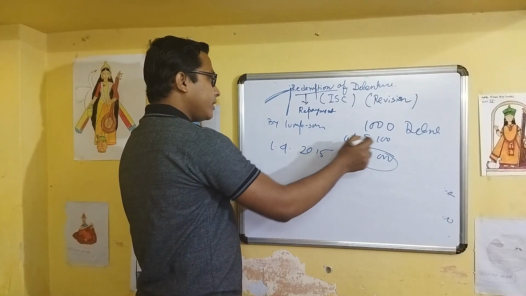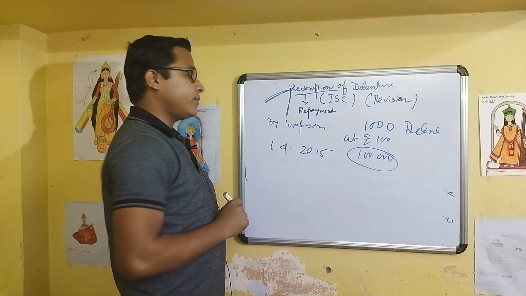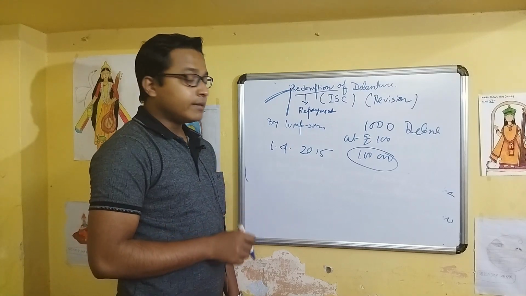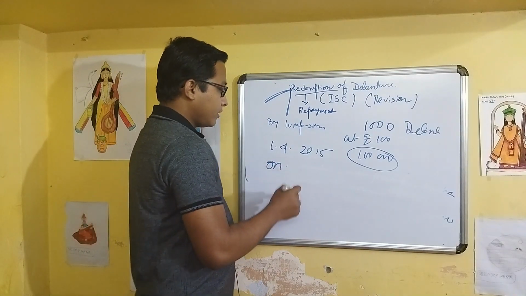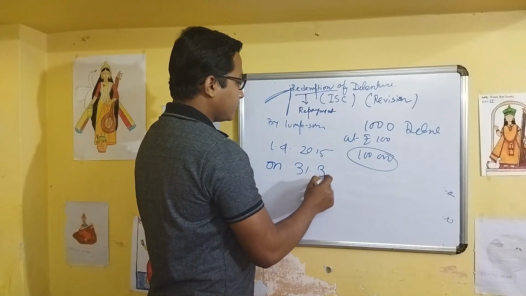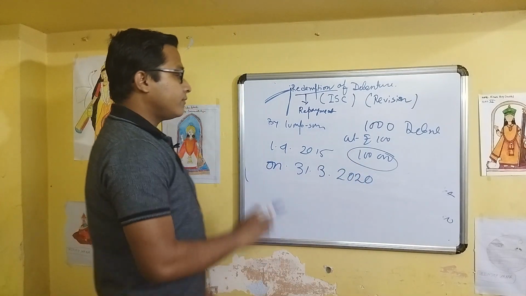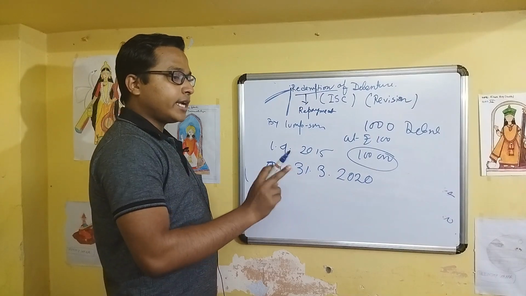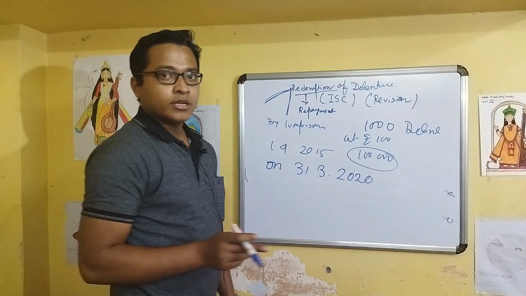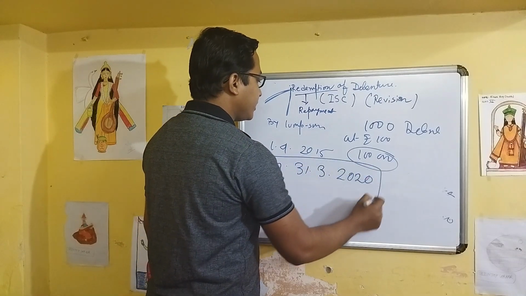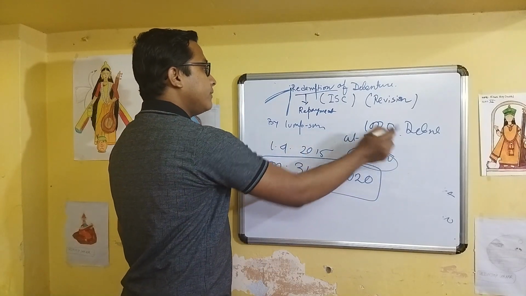If the debenture is issued on 1st April 2015, it will be redeemable on 31st March 2020, that is after 5 years. This date is the maturity date for the debenture.